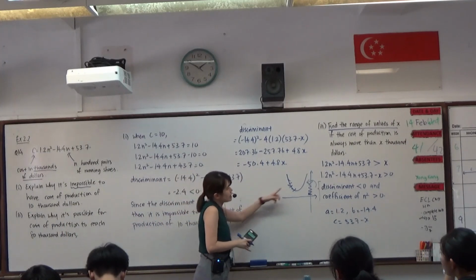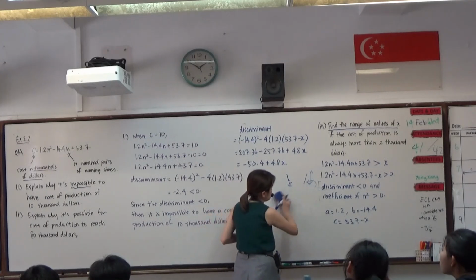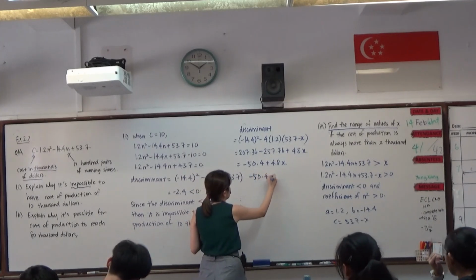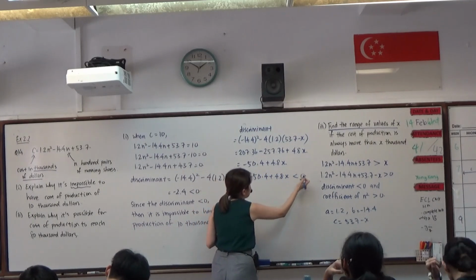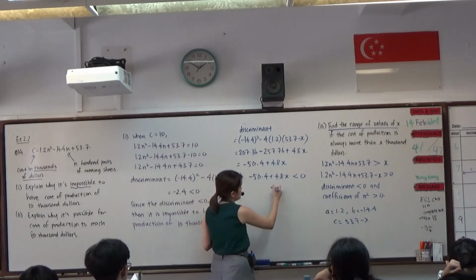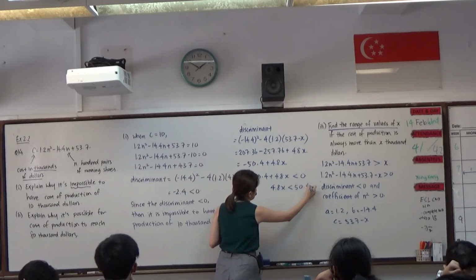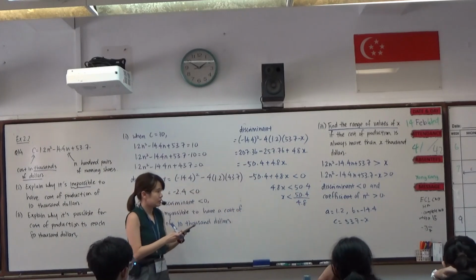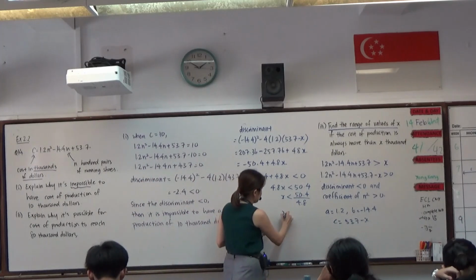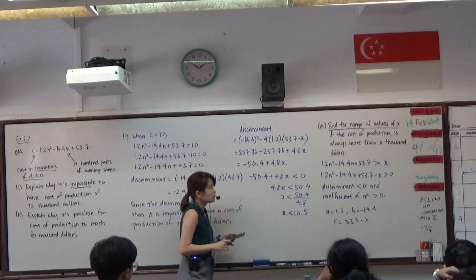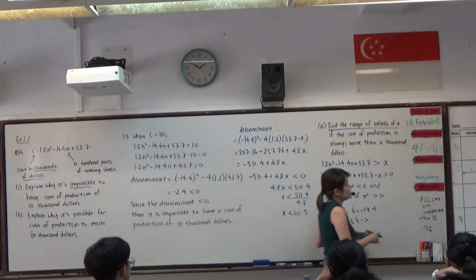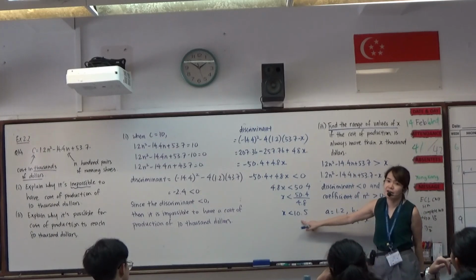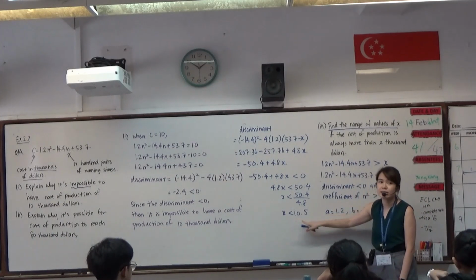Okay, then because the discriminant must be less than 0, we form this inequality. Okay, such that we get 10.5. Okay, so we know that at this juncture that your x can go only up to 10.5, not inclusive, because x must be less than 10.5.